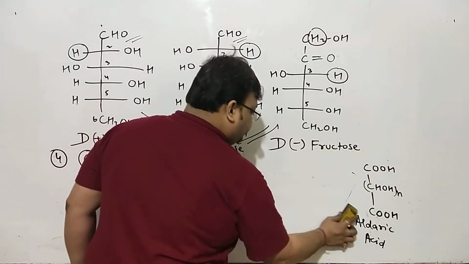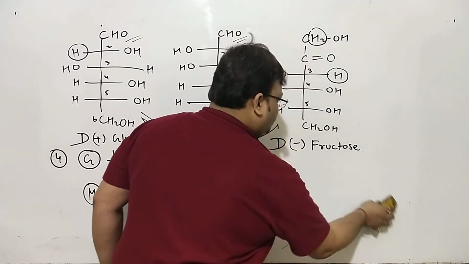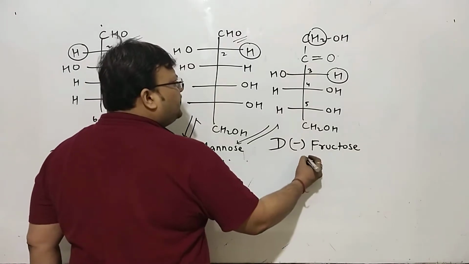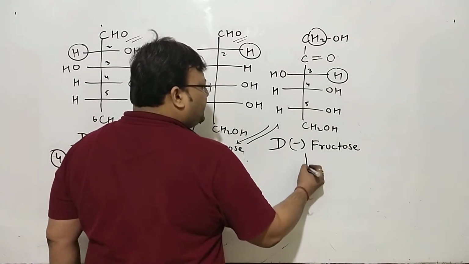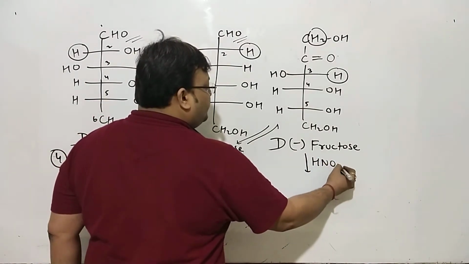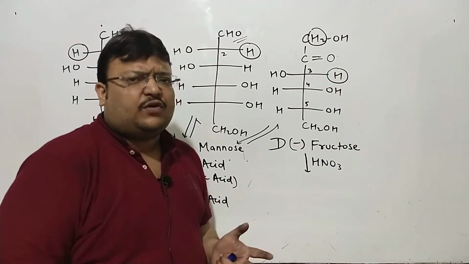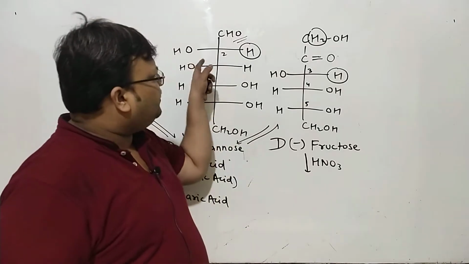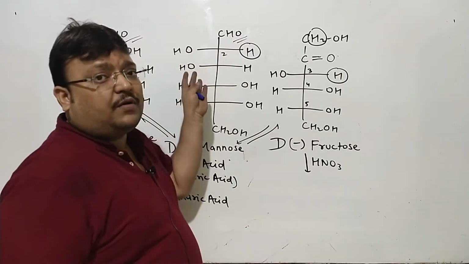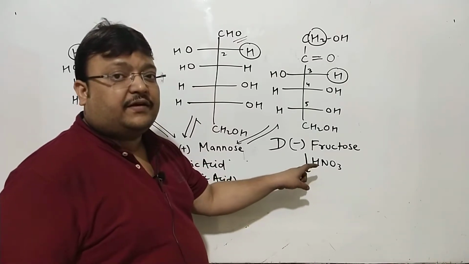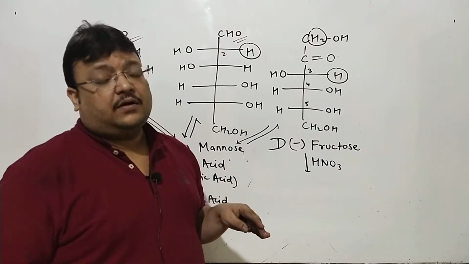And now fructose with nitric acid. Nitric acid is a very strong oxidizing agent. It can break ketones. Aldehydes are easier to oxidize because it's a terminal group, can become COOH readily. It can break ketone.